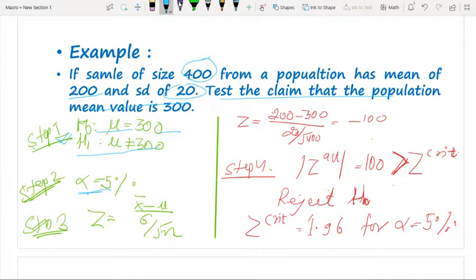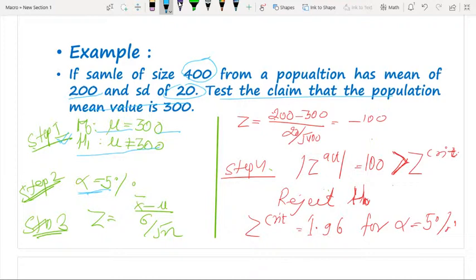In step three, we use the Z statistic, as the sample size is fairly large, 400, and the Z statistic can be calculated as x bar minus mu over sigma over square root of n. So Z is 200 minus the claimed value of population mean, 300, divided by 20.